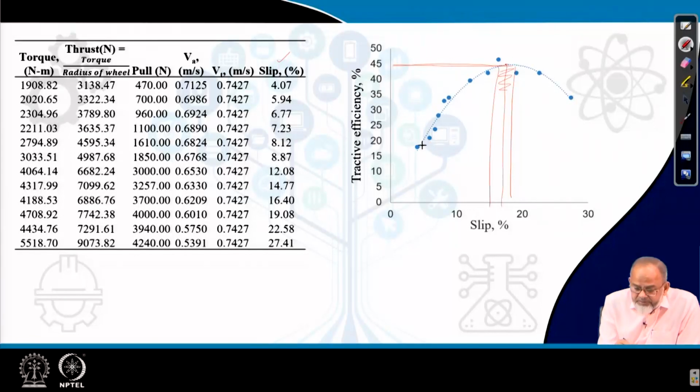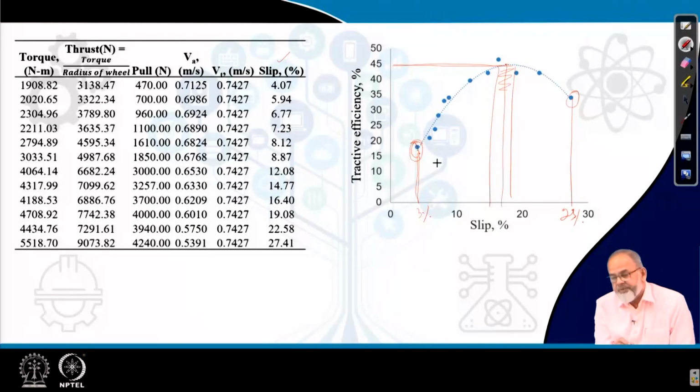So, what happens at this point and what happens at this point? Why is the tractive efficiency very low at this point, which corresponds to a slip of say 3%, and here there is 25%? On the lower side of slip, whatever pull is developed is being utilized for overcoming the rolling resistance.